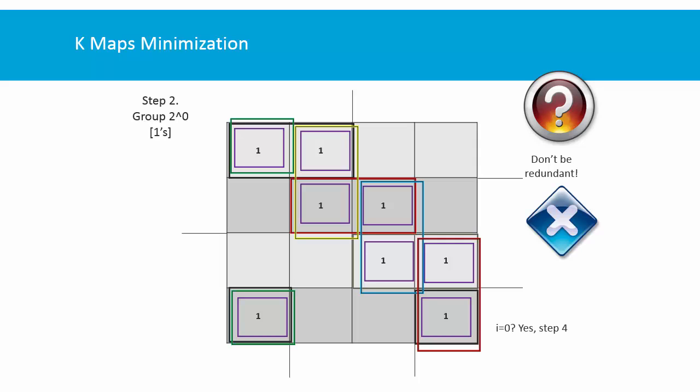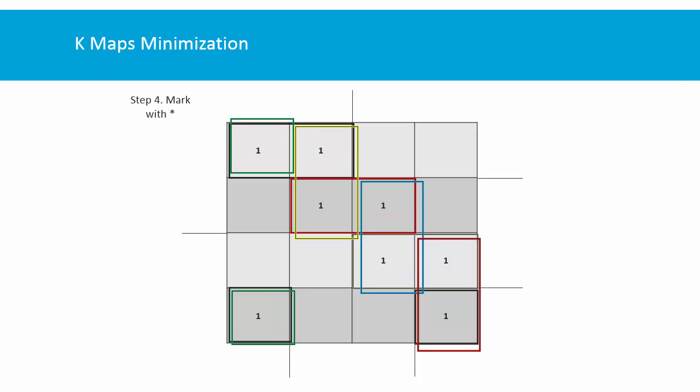So now, is I equal to 0? Yes. So we go to step 4. Step 4 is mark with an asterisk every one that is grouped by only one group. So here we put the asterisk on that cell and you ask the question, is that one grouped by only one group? And the answer is no, because we have the group in black and we also have the group in green.